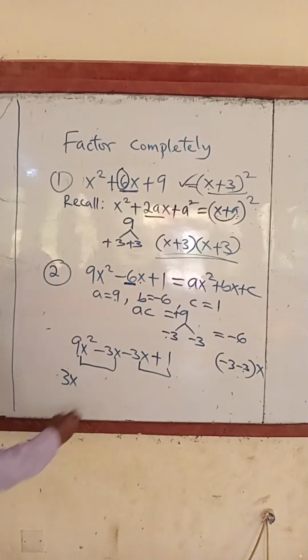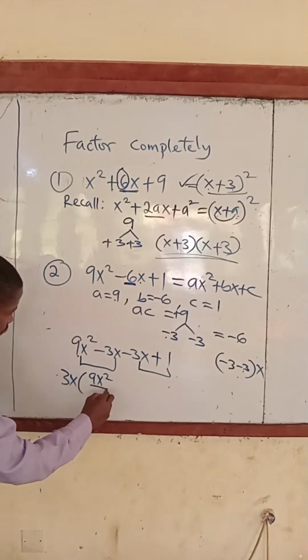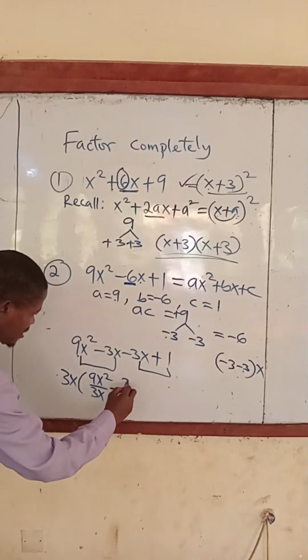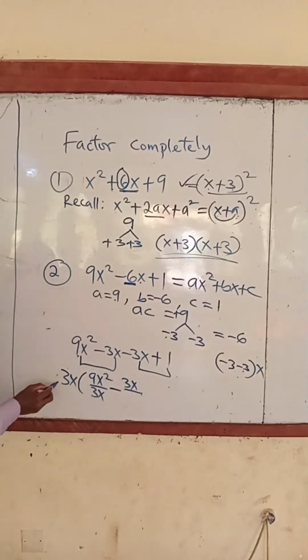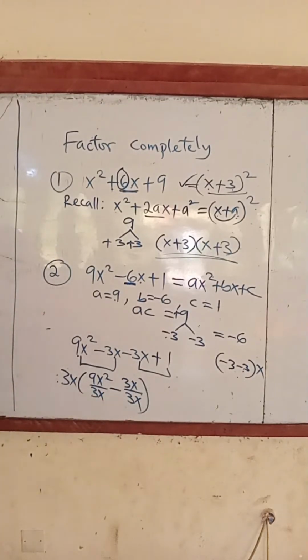3x is common. Take it outside. Then you have 9x squared over 3x, then minus 3x over the one outside, 3x.